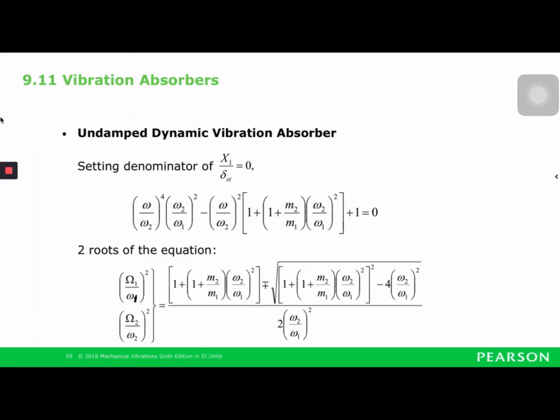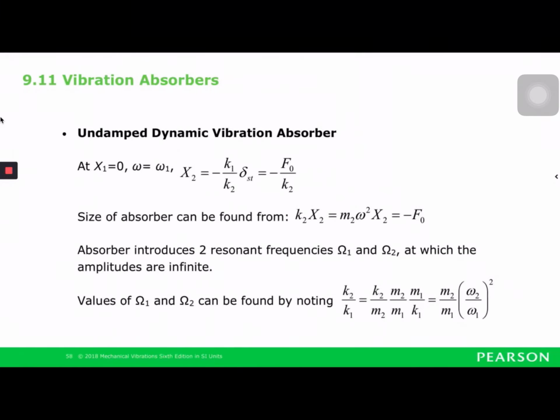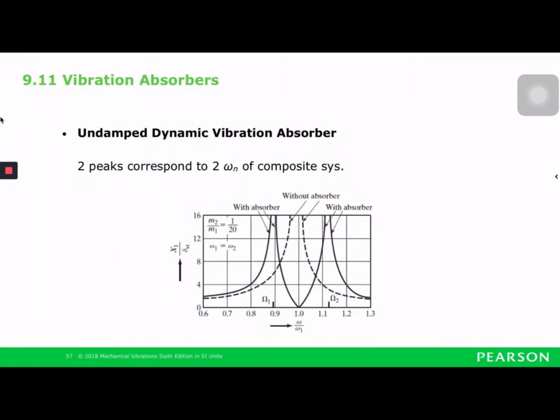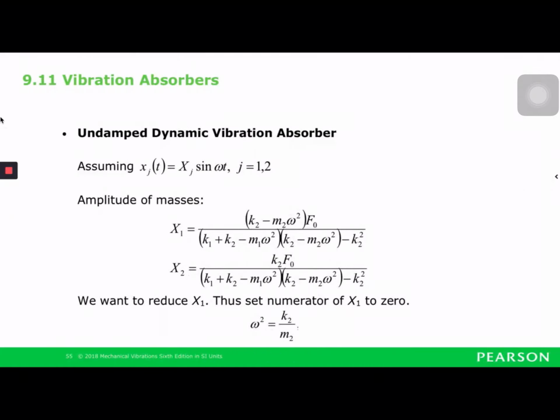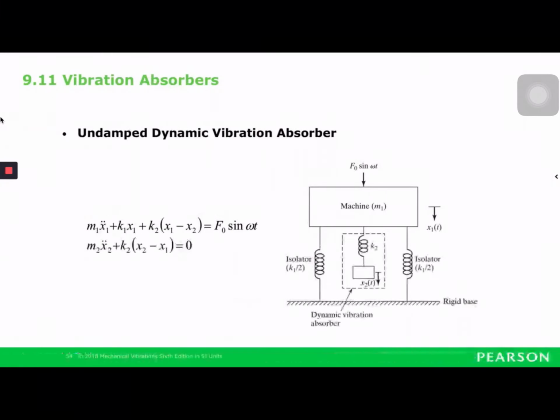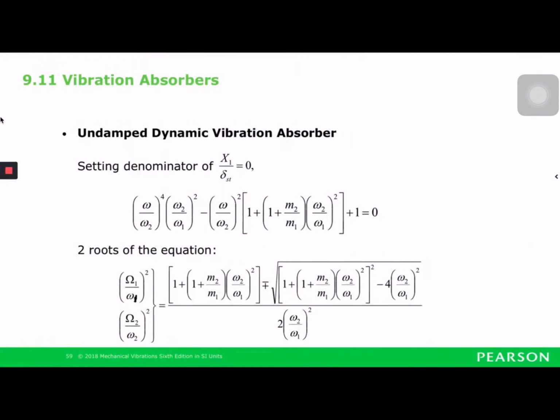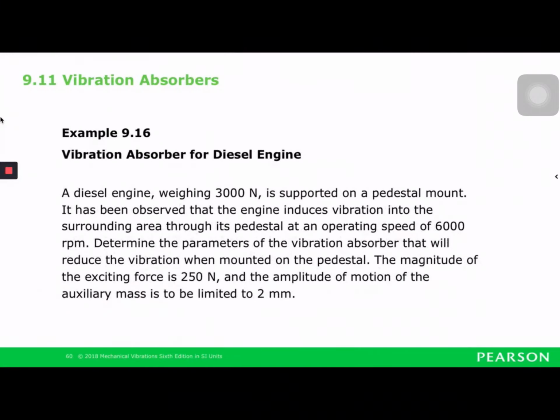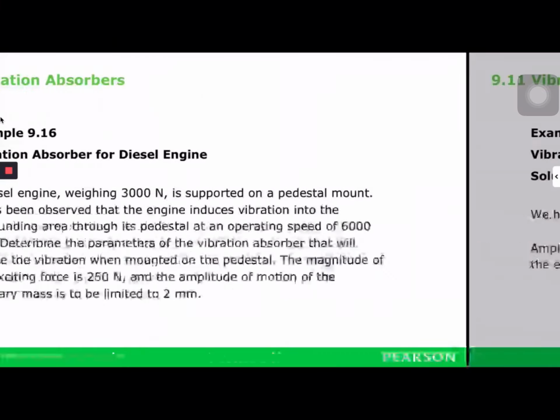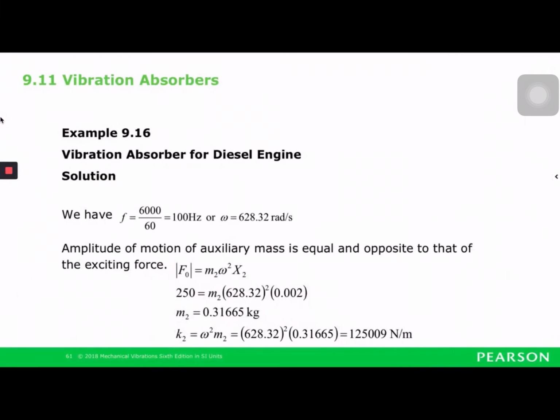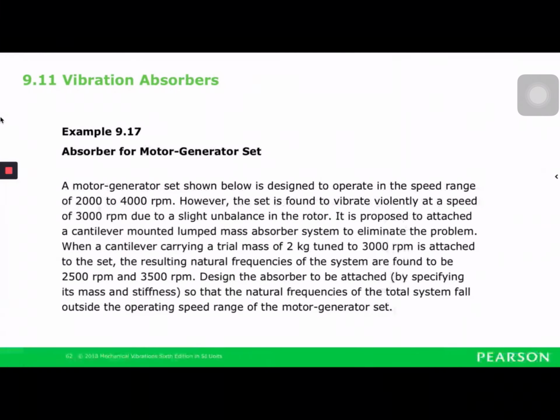Okay, in the original slide this one down here is omega 2, but I changed it to omega 1. So you can take a look at example 9.16, but I want to focus on example 9.17 because it is quite interesting.